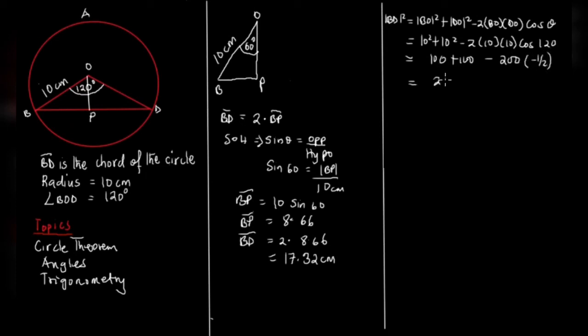So this adds up to 200 plus 100, which is equal to 300. So we know that BD squared should be equal to 300. Then to find BD, we have to take the square root of each side. So BD should give us approximately 17.32 centimeters as well.